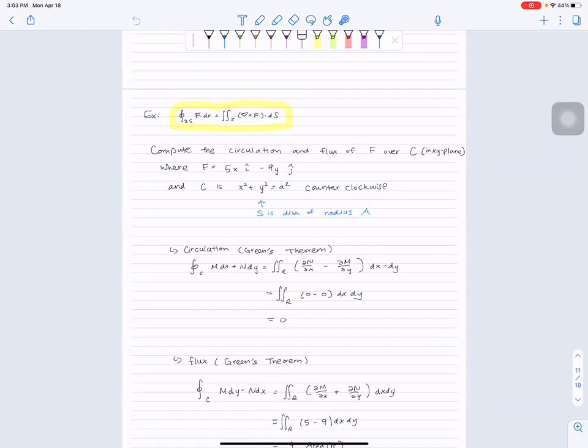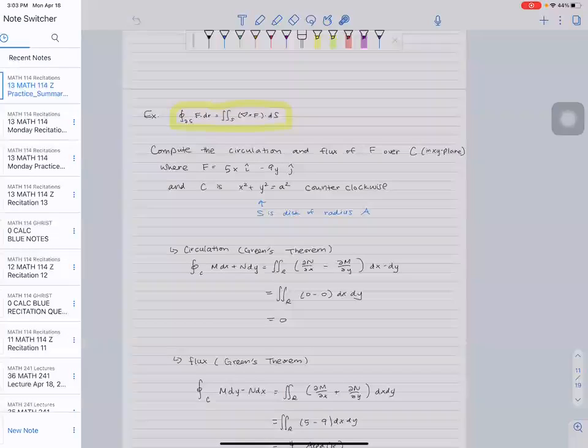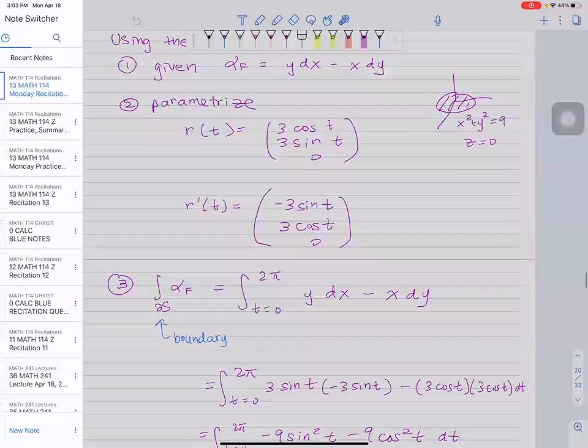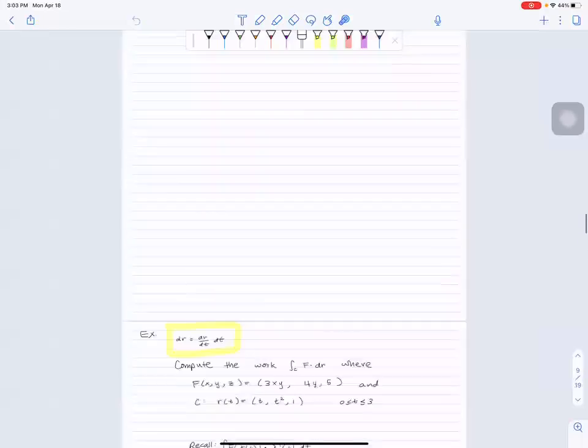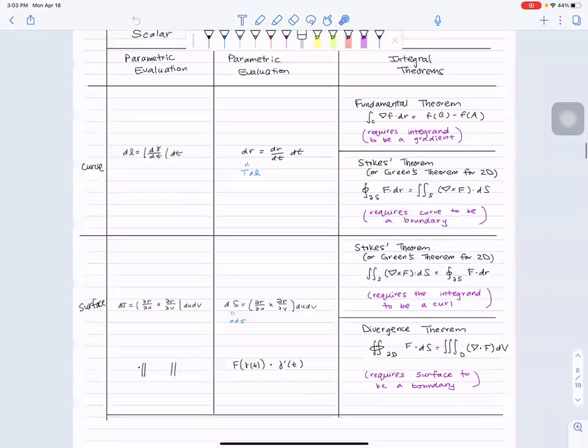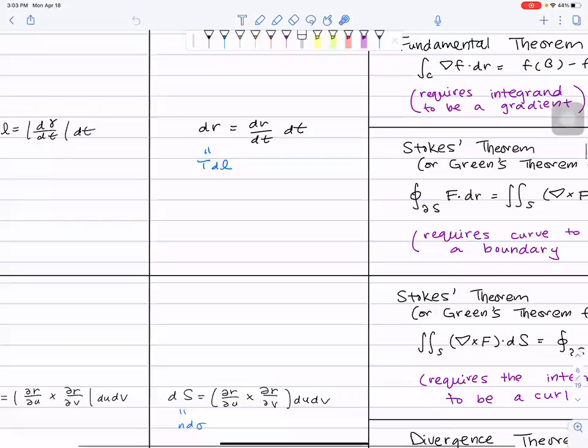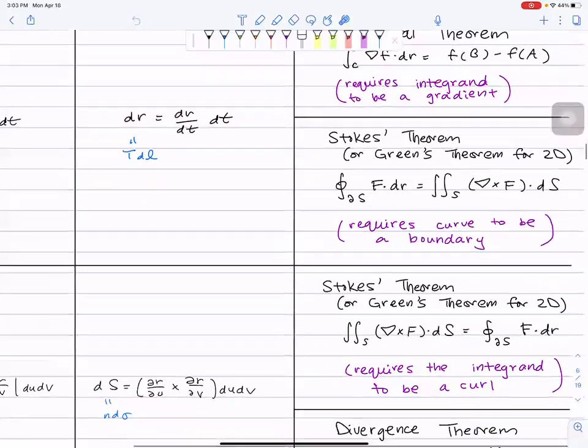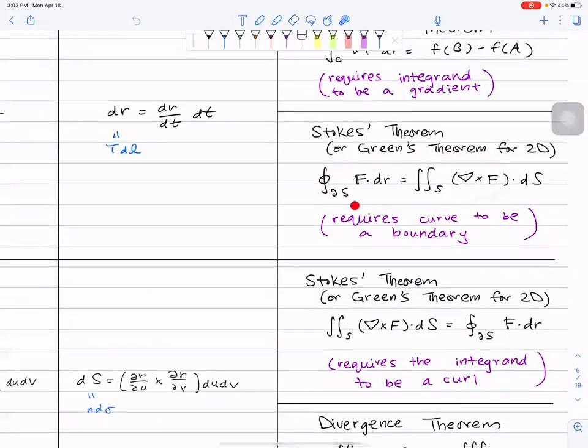What is the difference between Green's and Stokes'? They're the same, but Green's is the 2D version of Stokes' theorem. Stokes' is for 3D. In my chart, I wrote Stokes or Green's theorem in 2D, so they're the same thing.